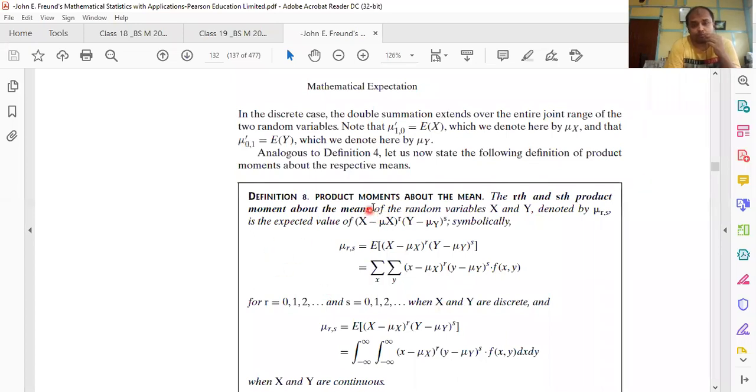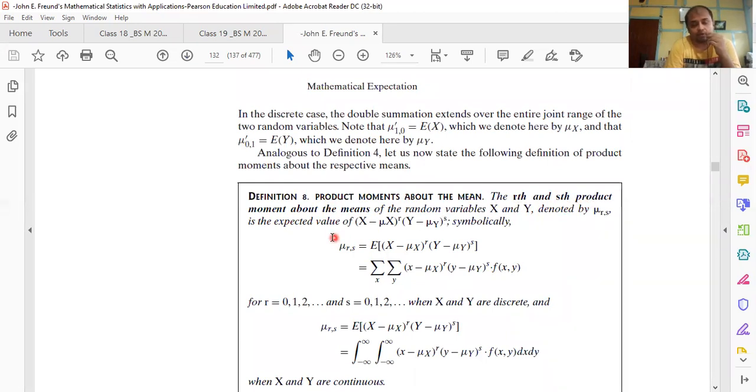Just like the product moment about the origin, the product moment about the mean is defined in the following manner. The rth and sth product moment about the means of the random variables capital X and Y is denoted by mu rs. The prime symbol is not there. Mu rs prime is for product moment about the origin, and without prime, we call it product moment about the mean.